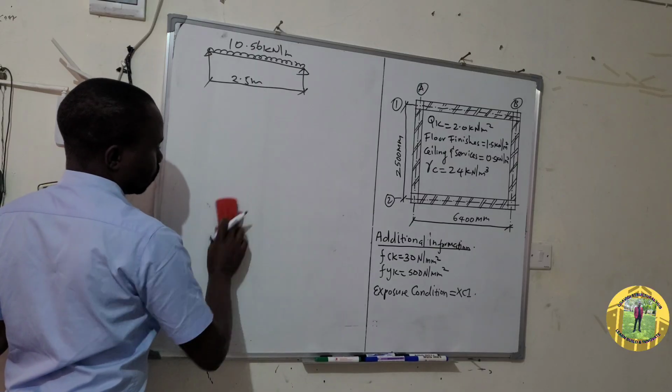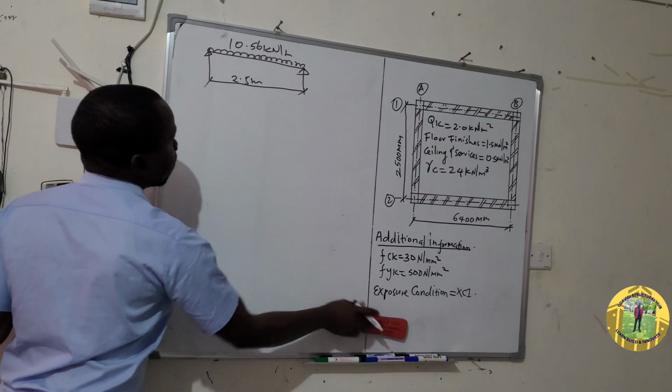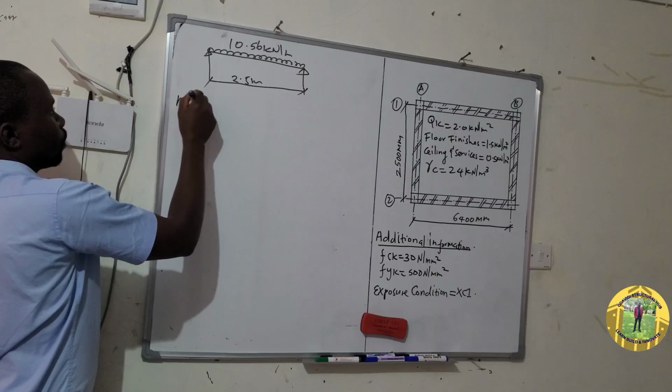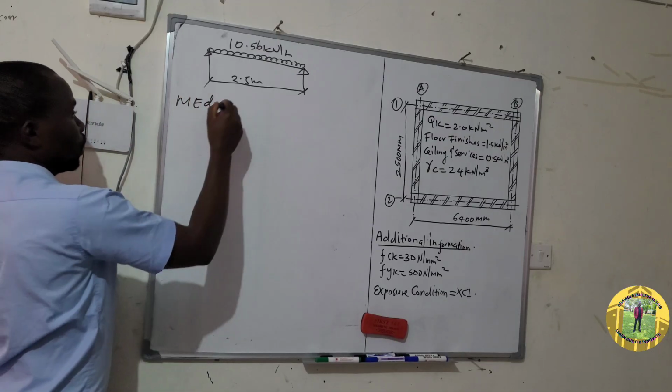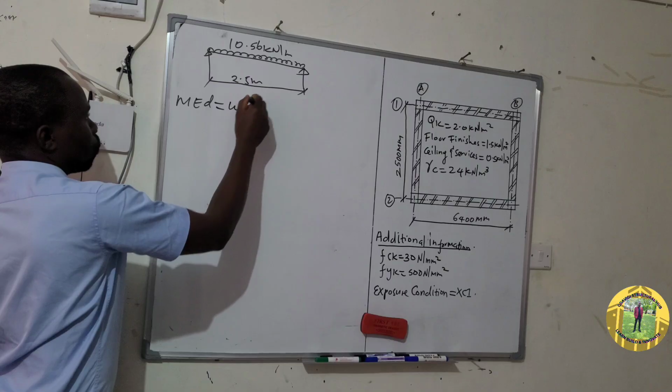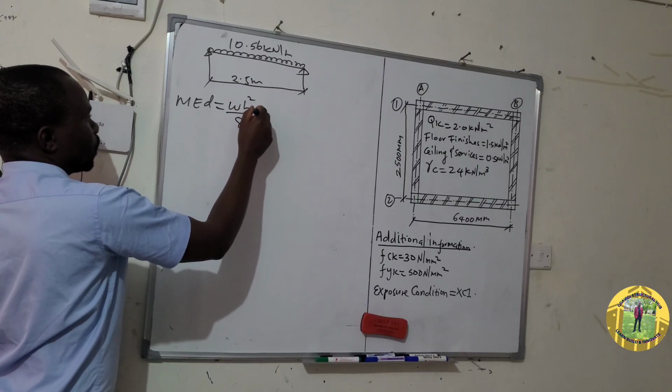Then from here, you can now calculate the design ultimate moment, which is given by M ED is equal to W L square all over 8.